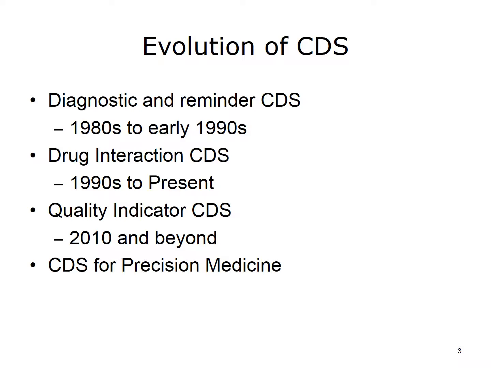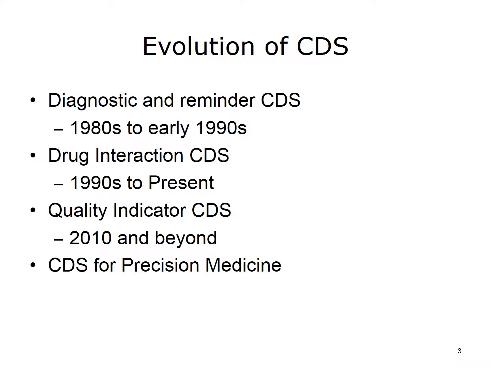We have reviewed only a few of the CDS systems that began to proliferate beginning in the late 1960s. During the 1980s, clinical decision support was a major focus for informatics research and development. During that time, there was a focus on diagnostic systems and reminder systems.